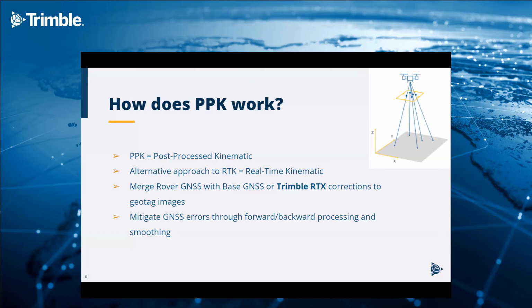In PPK mode, you merge your rover GNSS data with base GNSS data or with the famous Trimble RTX corrections to geotag your images, to directly georeference your images in terms of position information. And when you run things in a PPK mode, you obviously mitigate GNSS errors through the forward and backward processing and smoothing, which is inherent in any post-processing engine.